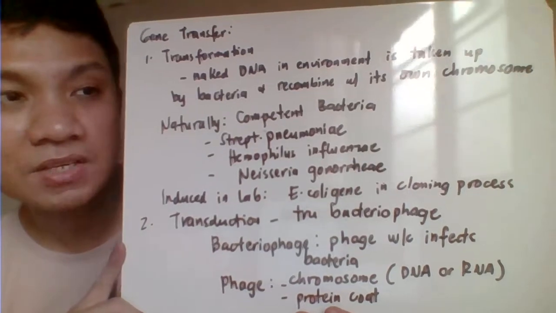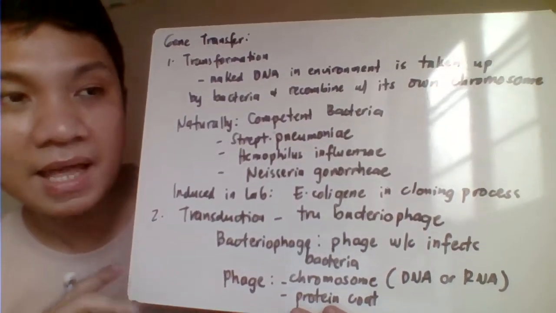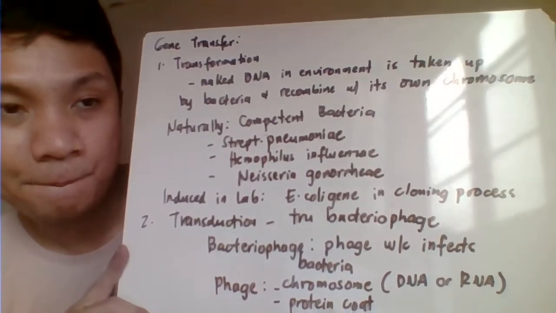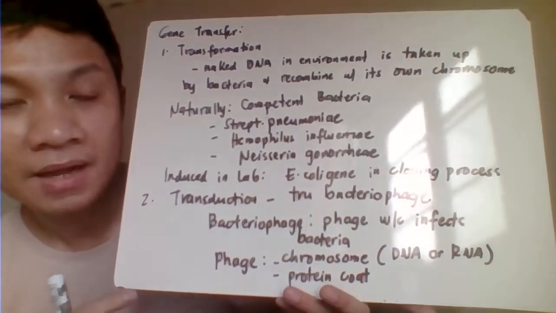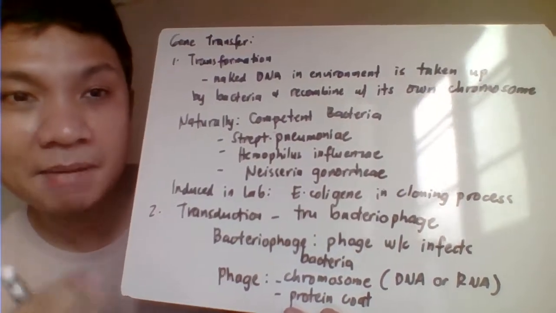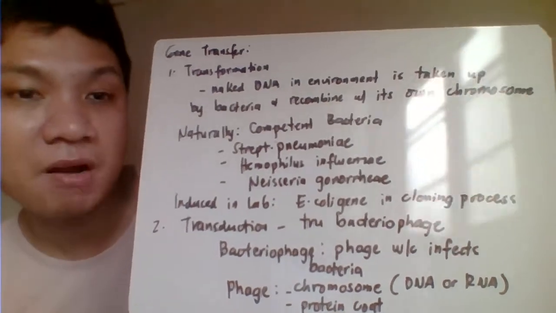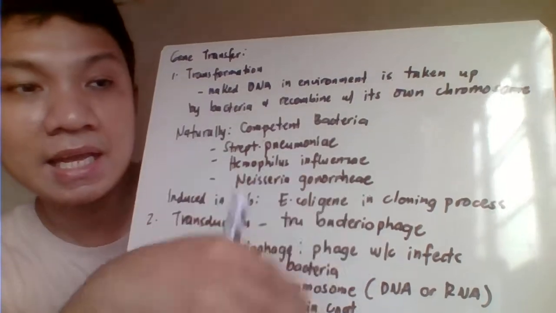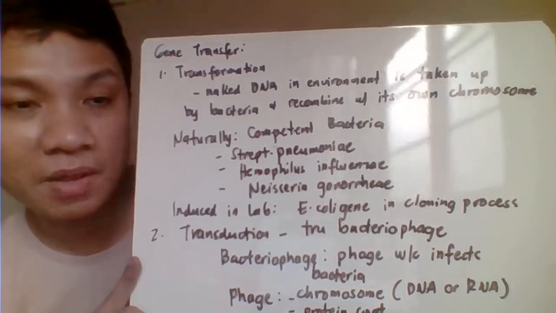Transformation is the process whereby naked DNA in the environment is taken up by bacteria. That naked DNA can come from a bacteria that has died and released its DNA into the environment. When another bacteria finds it, it could take it up, and you call the process transformation.